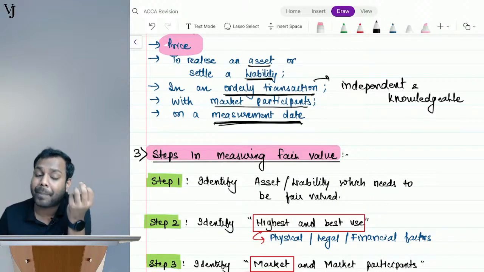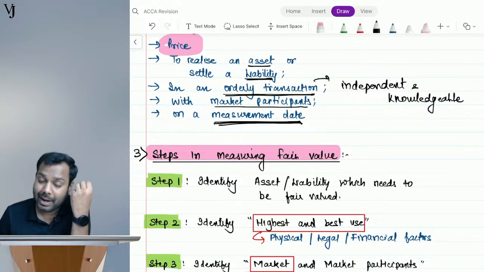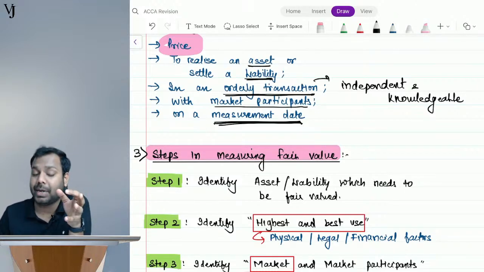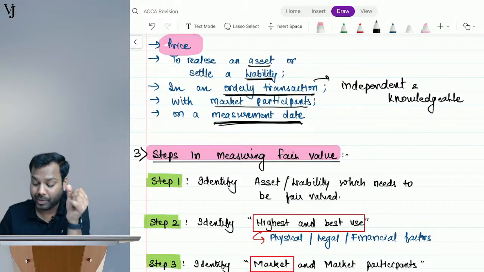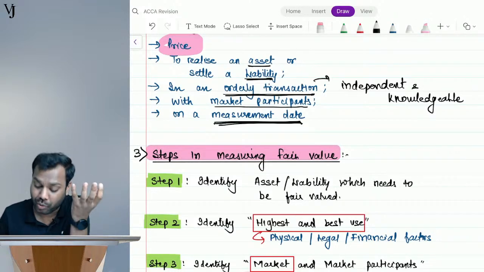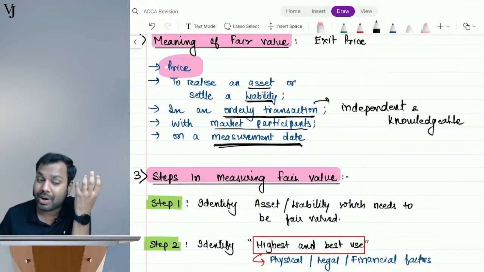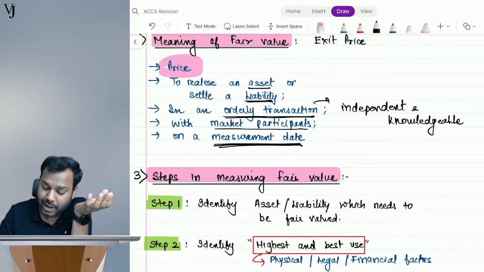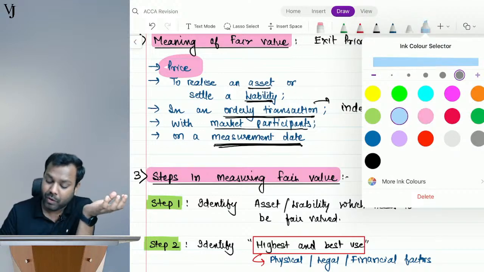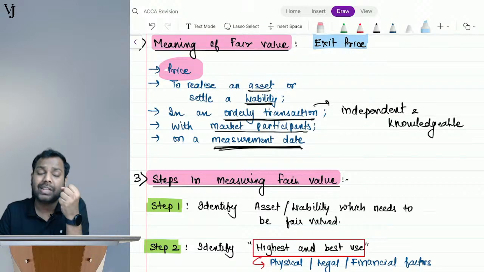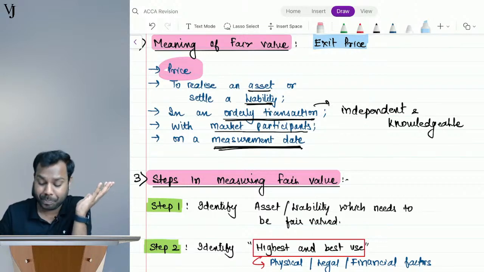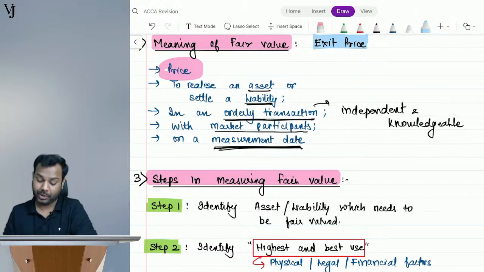On that date, what is the price at which I can realize the value of an asset or settle a liability? The amount that I have to pay or receive to realize an asset or settle a liability is called your fair value. And in one word, if you have to say what is a fair value, this is your exit price. The price which you have to receive to exit from the asset, or the price which you have to pay to exit from the liability, is called fair value.